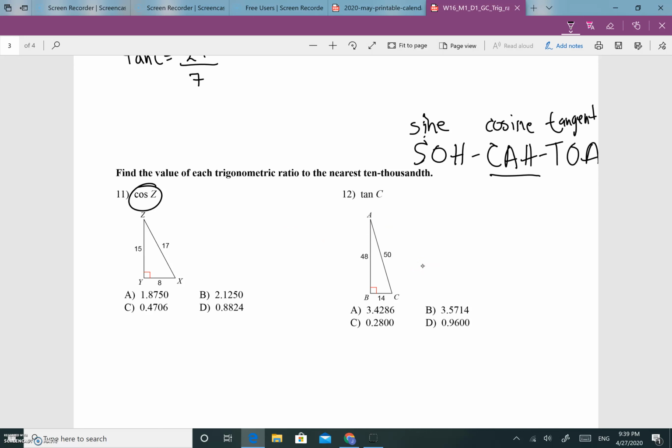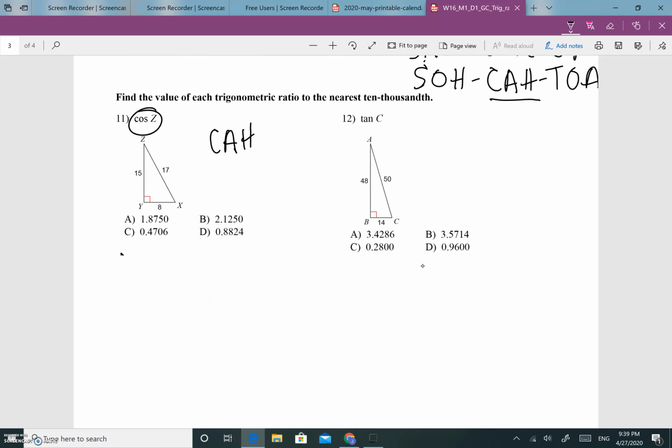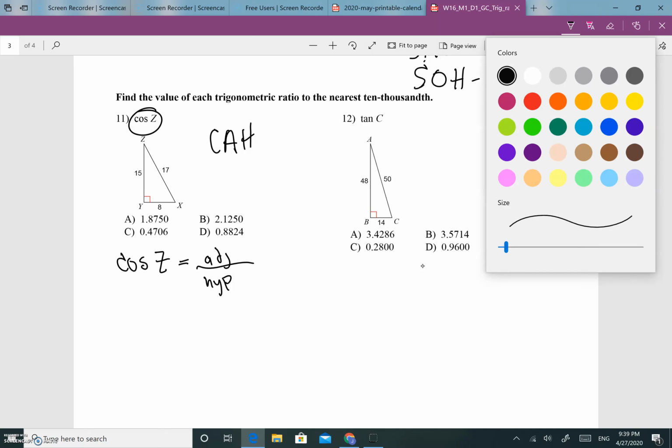We're looking for cosine, so that's my second one, CAH. So this is going to be cosine of C, because that's the one they give us, is equal to A for adjacent and H for hypotenuse, so adjacent over hypotenuse. Then from here we have to identify which one's which.